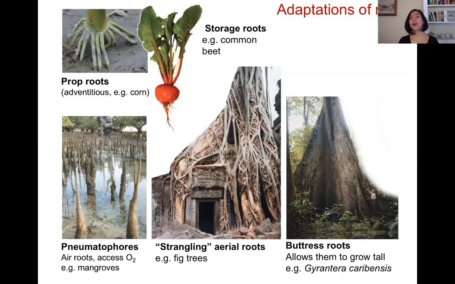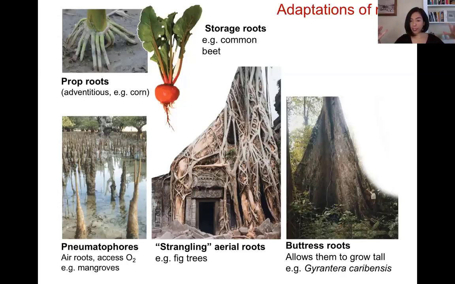Another example of adaptation of roots, you can find it in the buttress roots, which are actually an extension on the base of the tree, but that's coming from the roots, and it really helps to support massive trees. So trees that are very tall, if they don't have this buttress, they will crack.